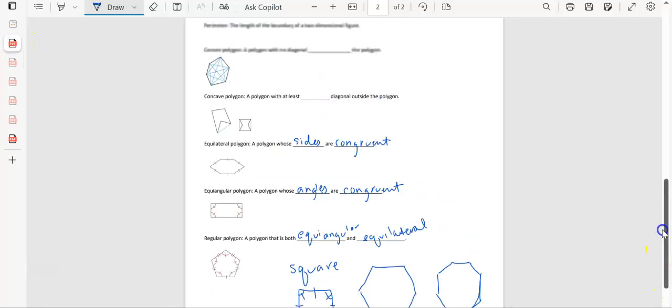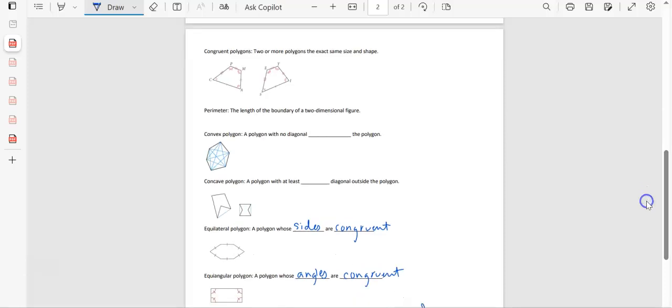So for our last two definitions, a convex polygon is a polygon with no diagonal outside the polygon. That's how we're going to define that. And a concave polygon is a polygon with at least one diagonal outside the polygon. My little tip and trick for remembering this is that a concave polygon makes a little cave. One of these pieces bumps in, so to speak, and you can make a cave. That's how I remember that.